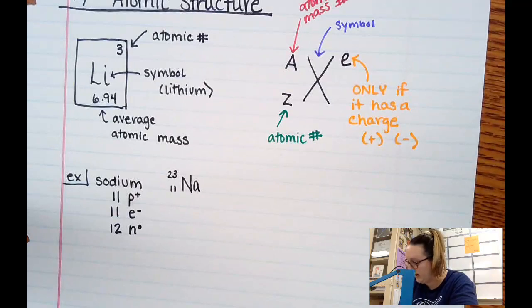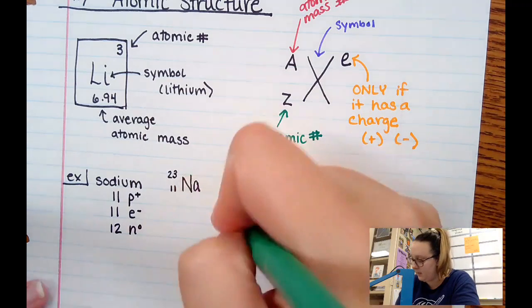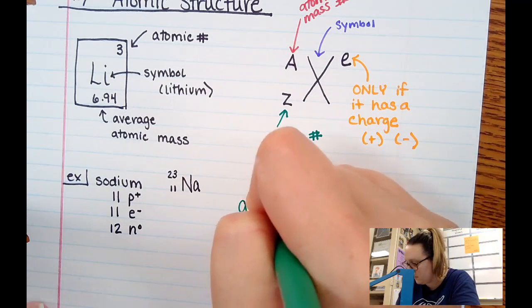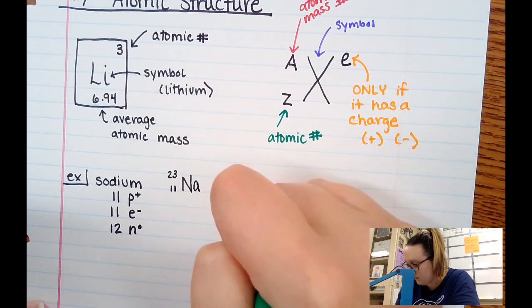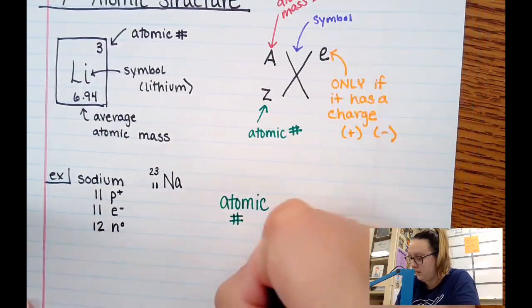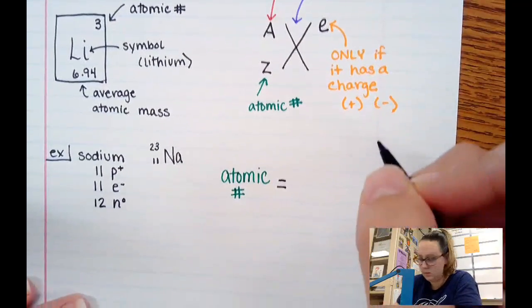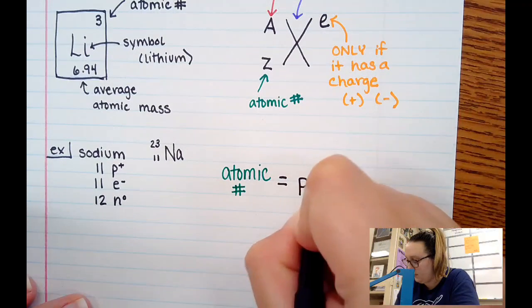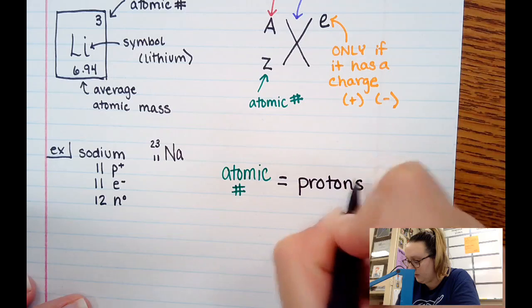Again, we will write atomic number equals number of protons.